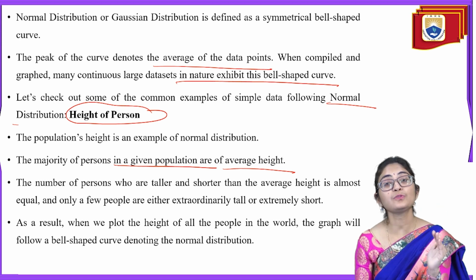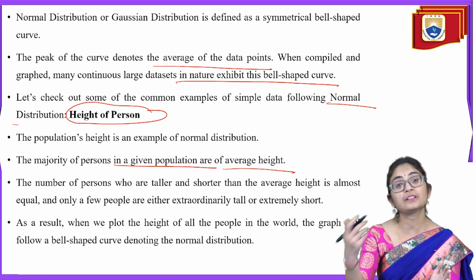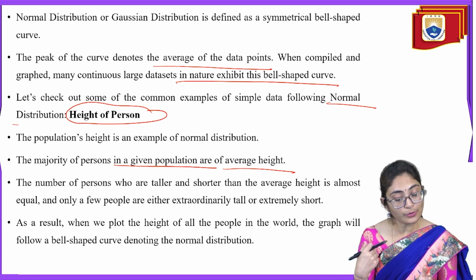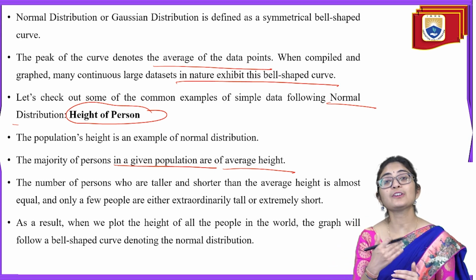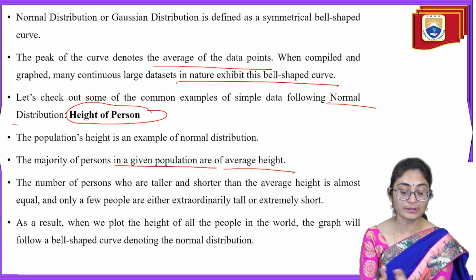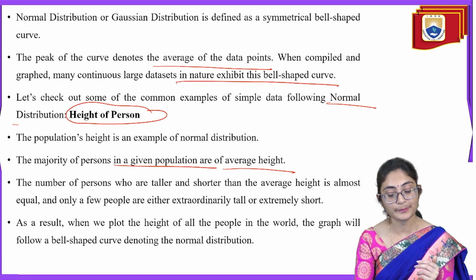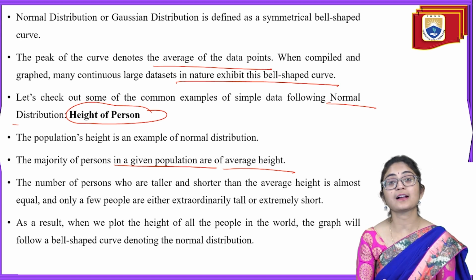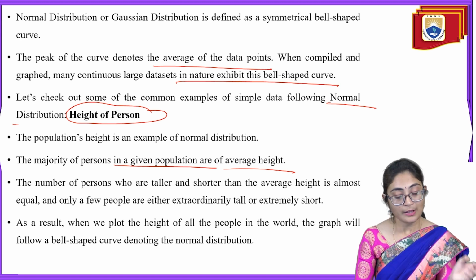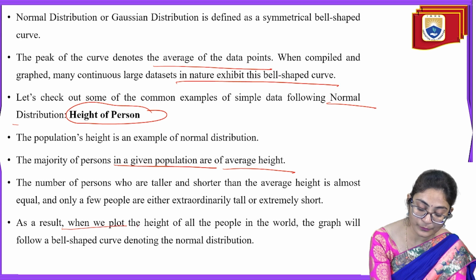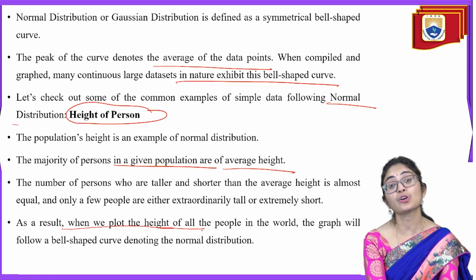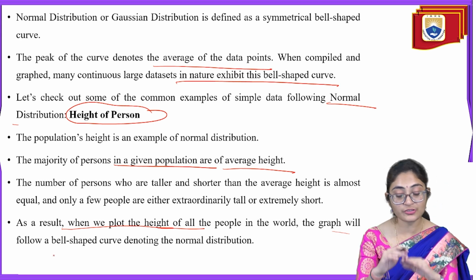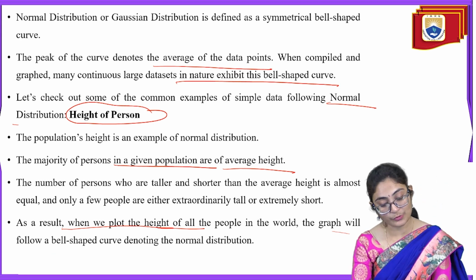And only a few people are either extraordinarily tall or extremely short. So we are finding out the normal distribution of the height of persons. When we plot the height of all people in the world, the graph will follow the bell shape, the normal distribution.